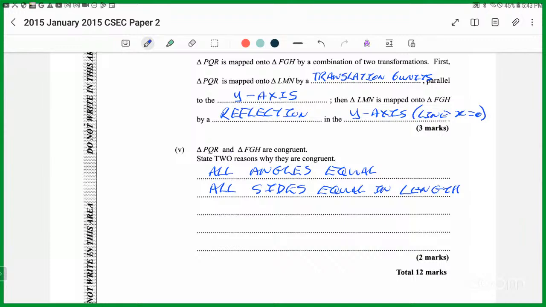The three angles are equal, and the three sides are equal in length. If you say all angles equal and all sides equal, you'll get the mark.